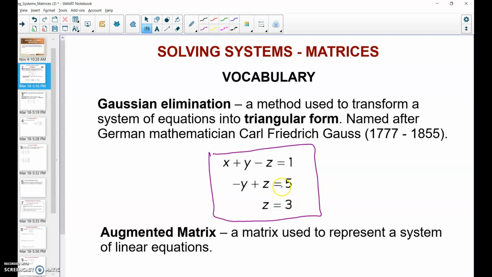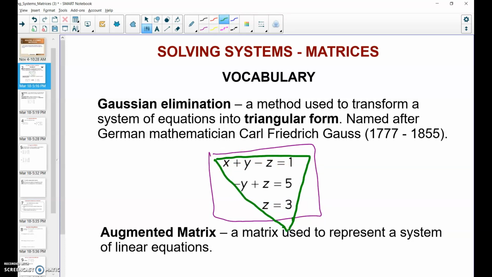Your second to last equation is going to be 2 variables equal to a number, and then your third equation, or your very first equation, is going to be all 3 variables that you have equal to a number. Okay, and that kind of forms a triangle here.